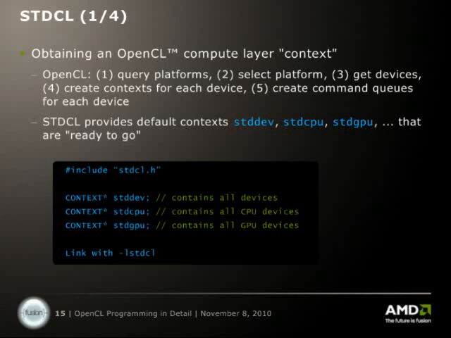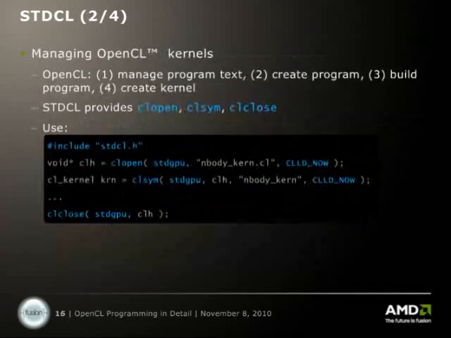With standard CL, it provides default contexts that are in some sense ready to go. So simply by including stdcl.h and linking in the library, you have a context that's ready to go that includes all devices, includes all CPU devices, and then includes all GPU devices, which are essentially the typical use cases that one would find.